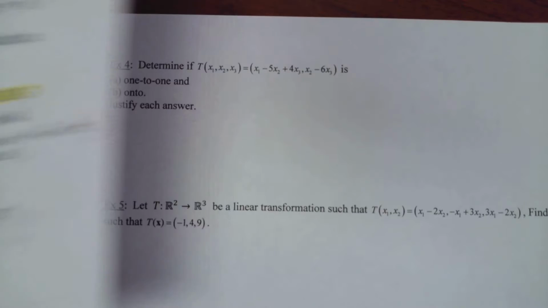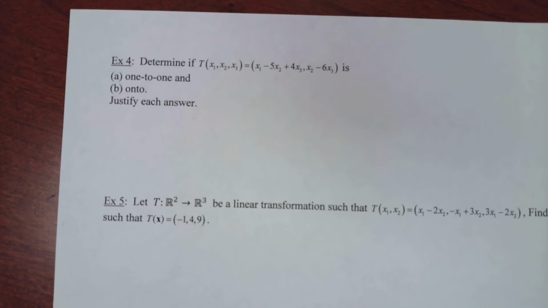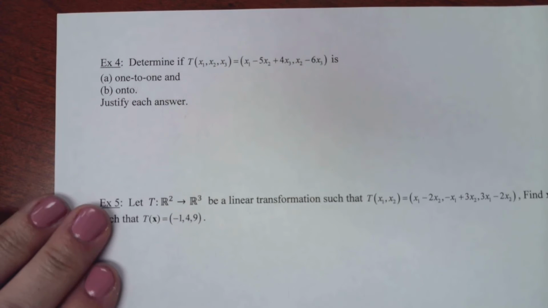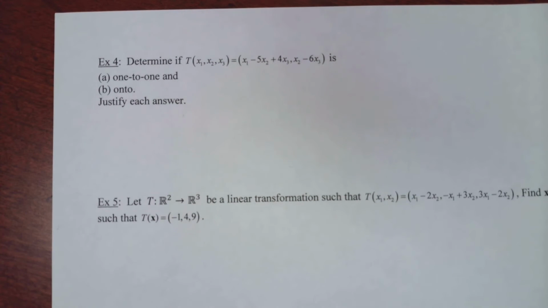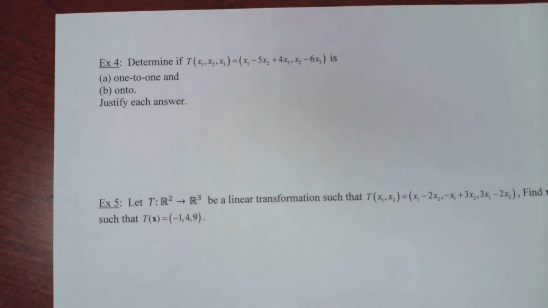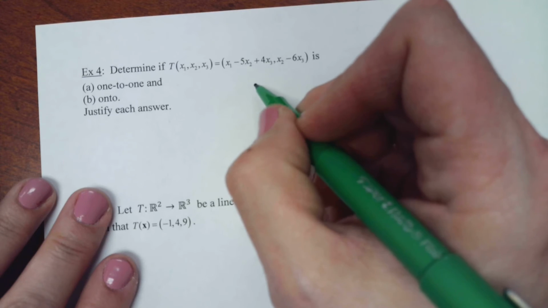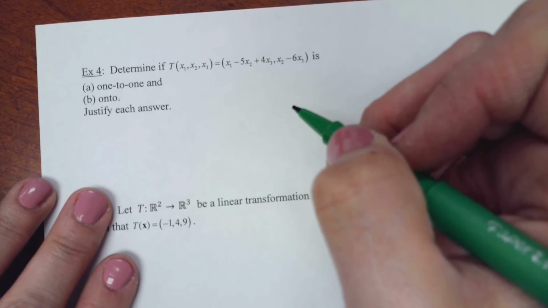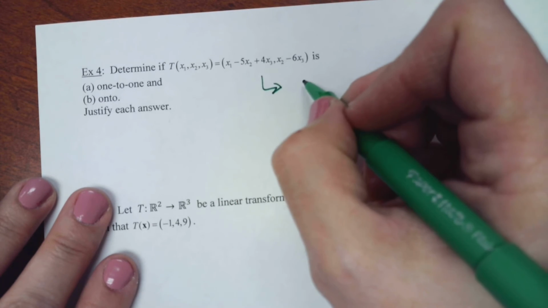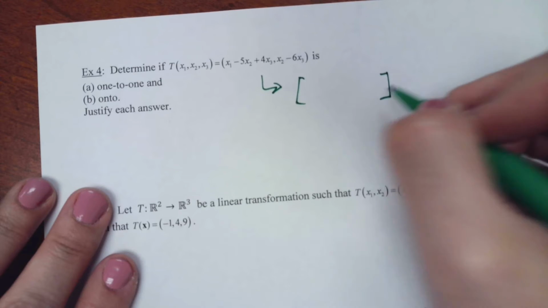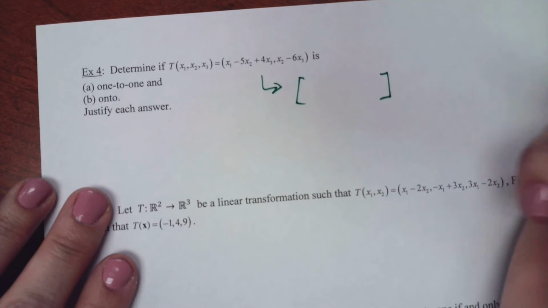All right, so we need to take this transformation and see what's going on. To do that, we are going to build a matrix. Basically, it's given to me a little bit different than before, but I have to make a matrix and ask, what are the changes to x1?